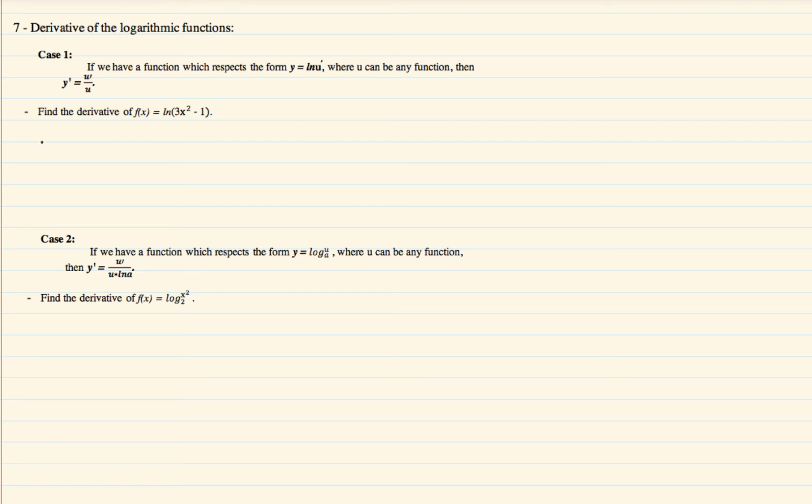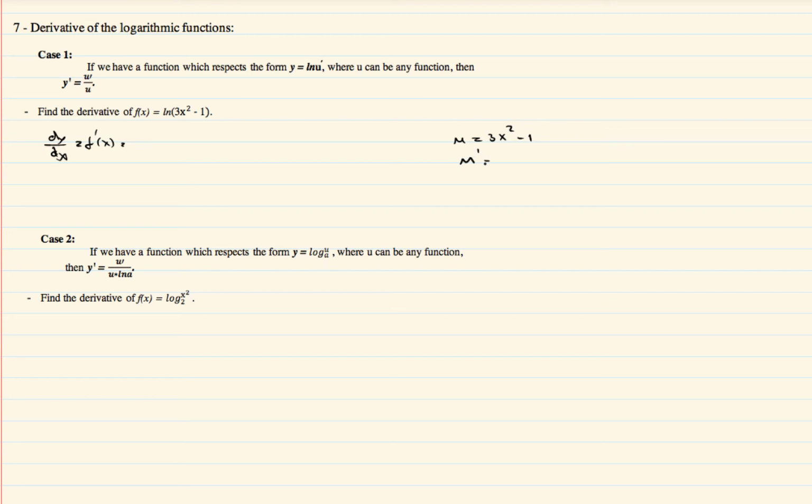Look at this example. dy by dx, f dash of x. So this becomes what? The derivative of this, which is our u. We can write here our u is 3x squared minus 1.